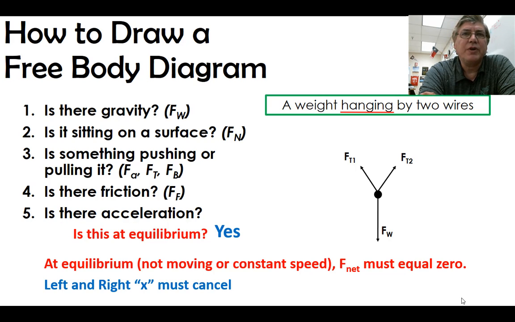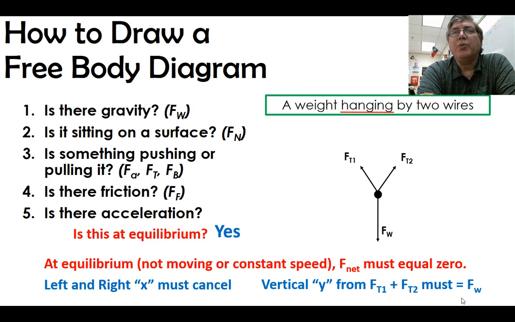So the left part of T1 and the right part of T2 must cancel out. What else do we know? Well, we know that the vertical component from T1 and T2 must cancel out the force of the weight. So they're shorter arrows, but combined the vertical part of each one of those added together must equal the vertical part of the weight going down.